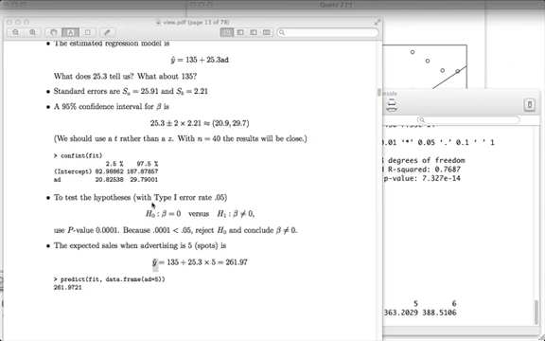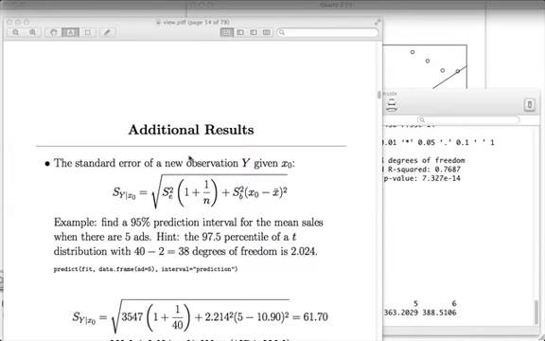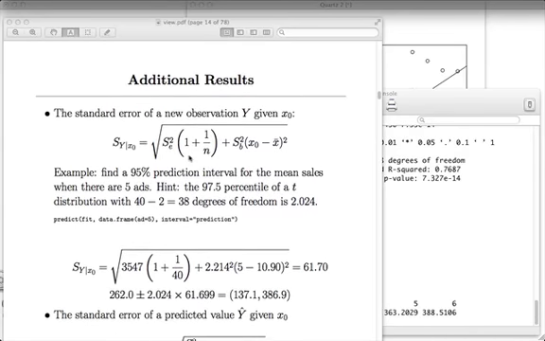Now, this 262 gives us the mean, but we might want to think a little bit about the variation around that. There are a couple of additional results about those predictions. Unlike slopes and intercepts, where you only have one confidence interval, when it comes to making a forecast we get two different types of intervals. Let me explain the difference between these two.